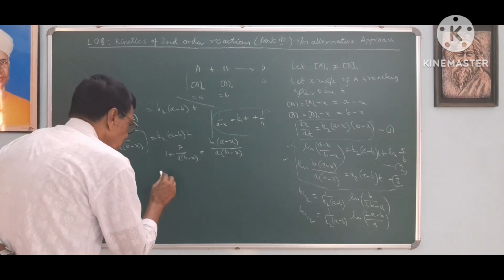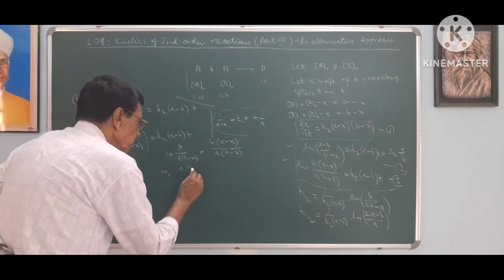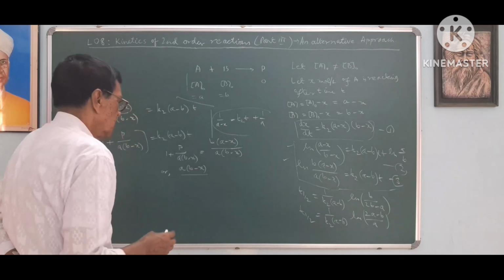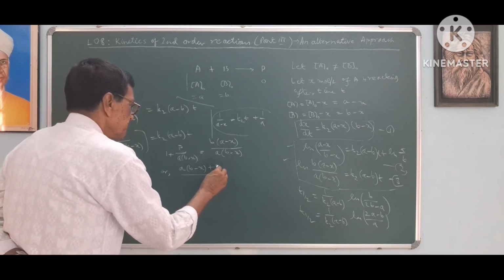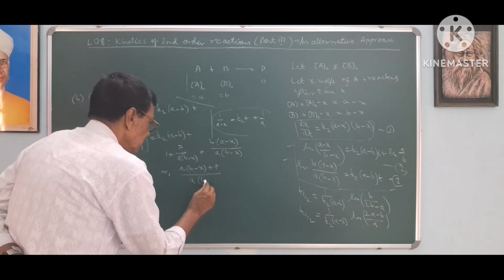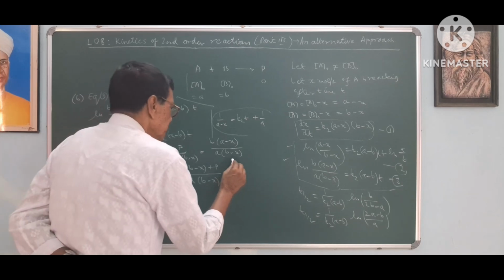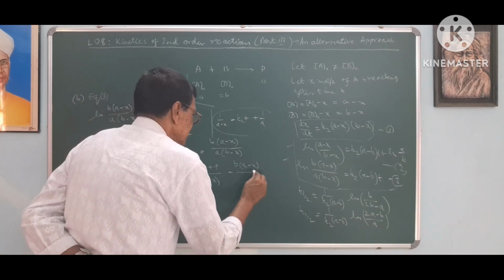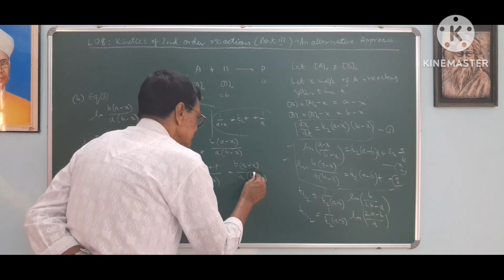So A into (B minus X) plus P equals B into (A minus X) divided by A into (B minus X).